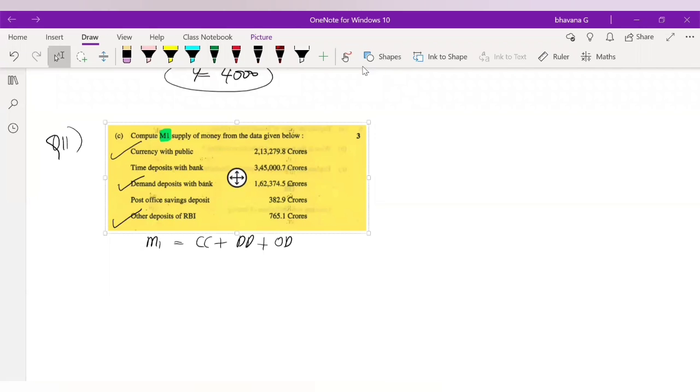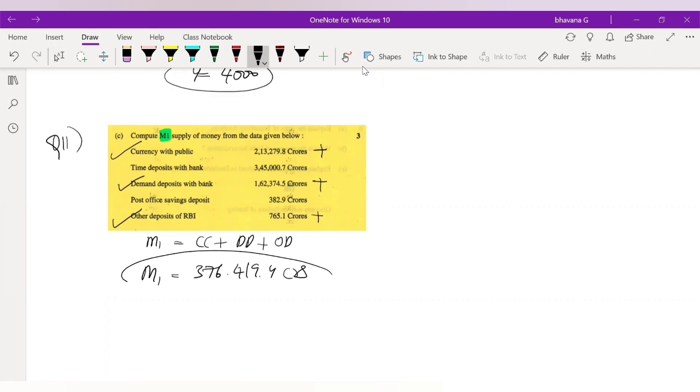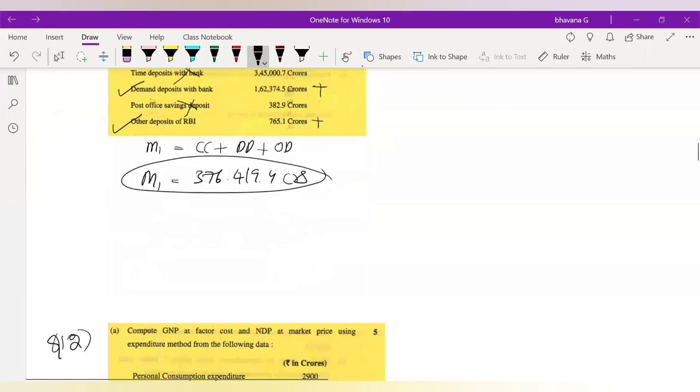So if you add this, plus this, you will get your M1. Your M1 will be nothing but 376.4, 19.4 crores. A simple question only, right? Finding out M1, the rest is of no use. Only the three things that you need, you have to pick up from the question and use it.